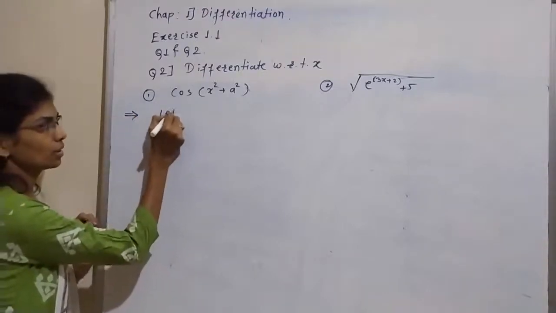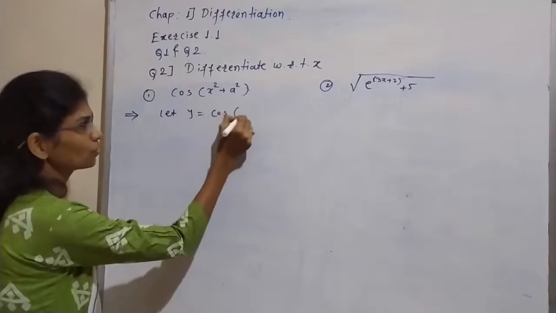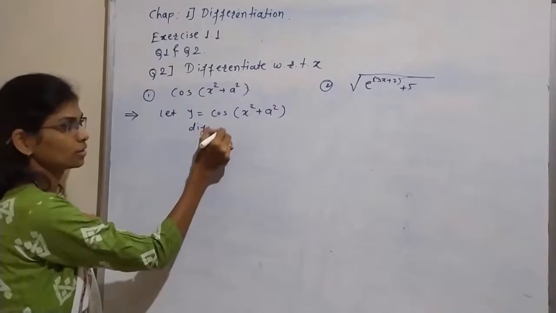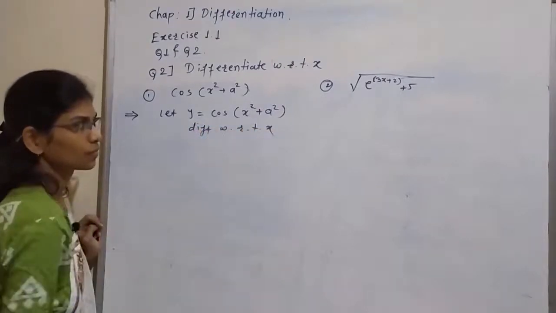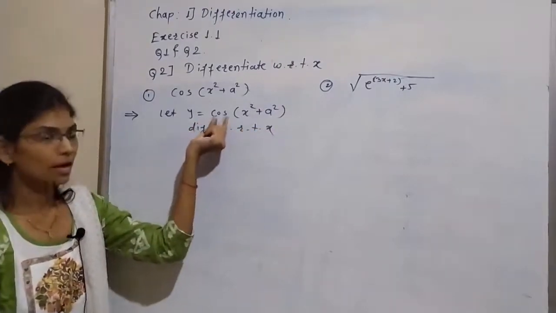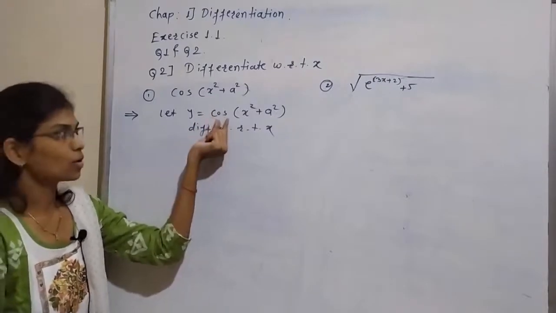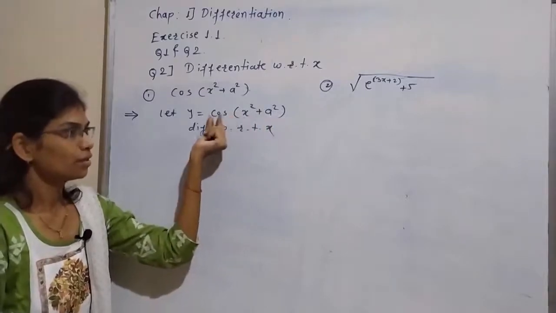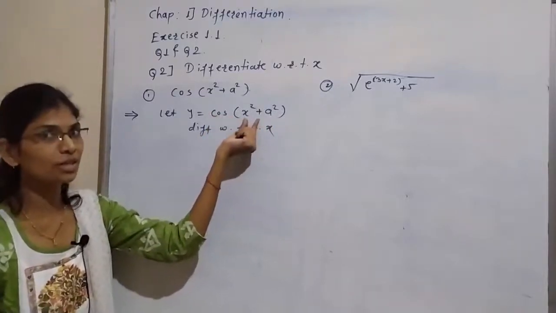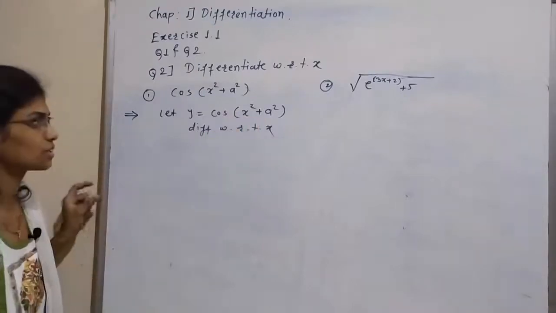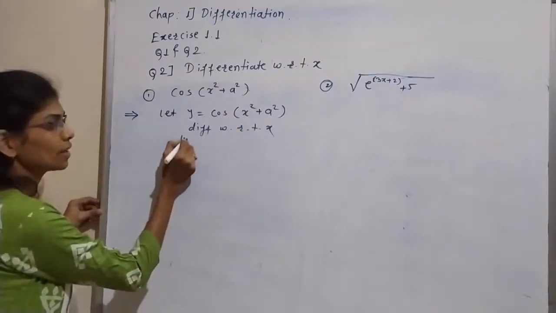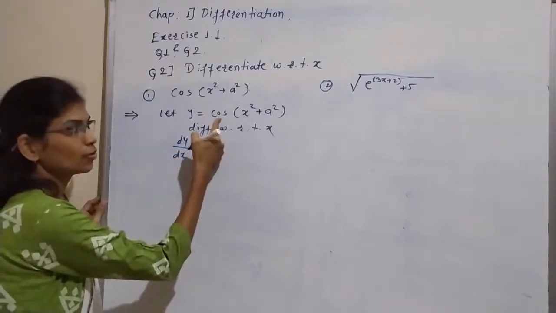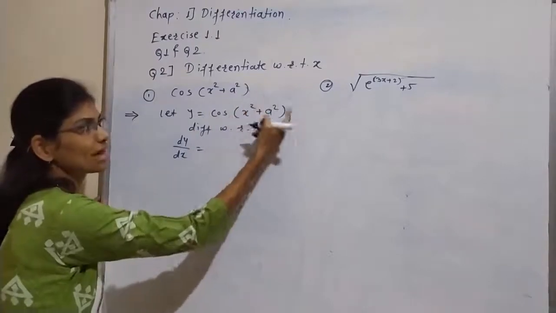Here also, let y is equal to cos of (x² plus a²). Now differentiate with respect to x. Here a function of another function is present, that is, a composite function. Therefore, dy by dx is equal to the derivative of cos, considering the whole function as x.